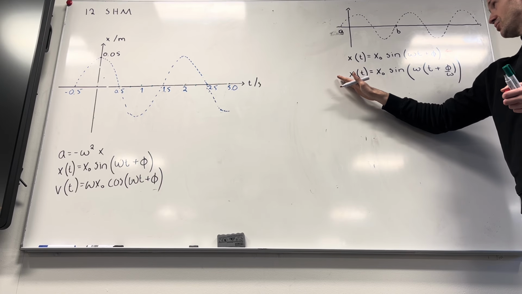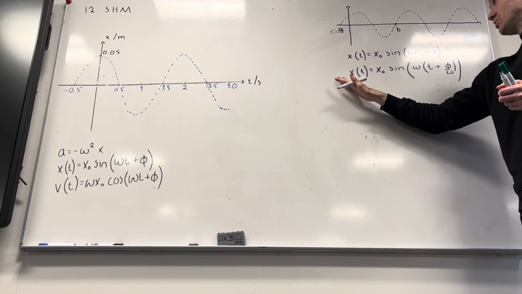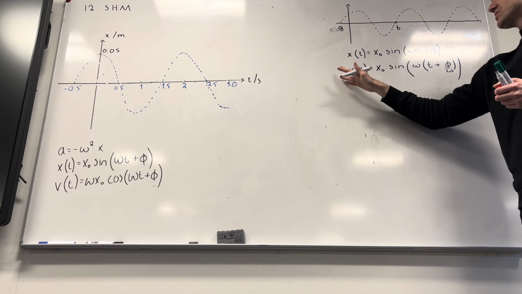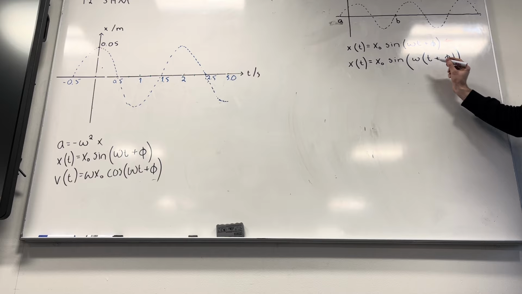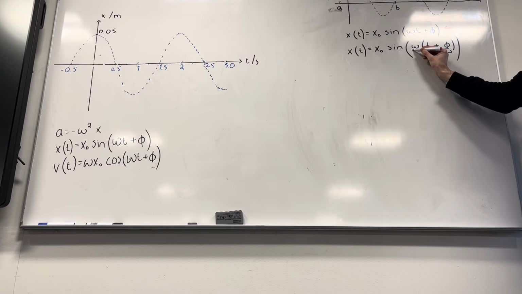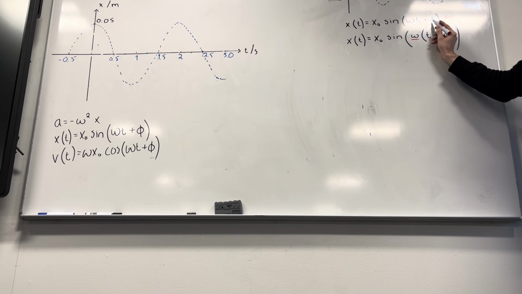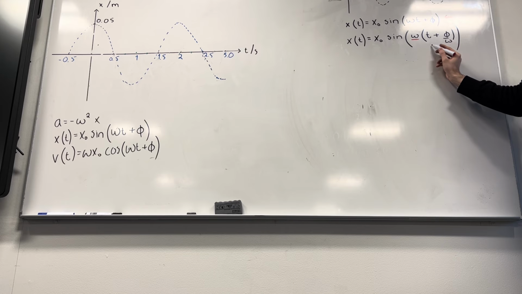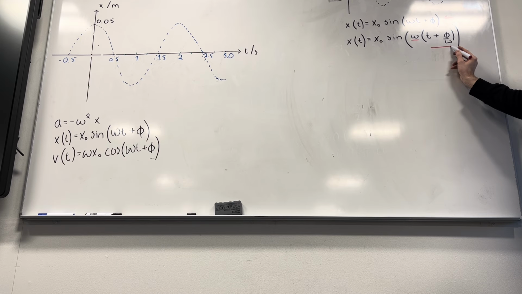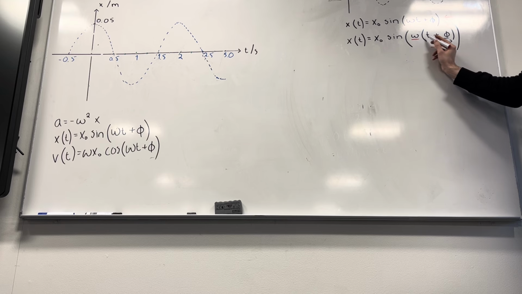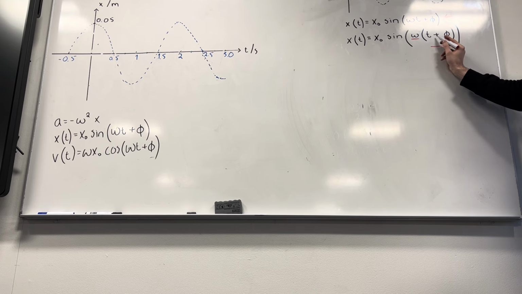If you pay close attention, the only difference between this one and this one is that here I have factored out omega, so that I get omega times (t plus the phase difference divided by omega).